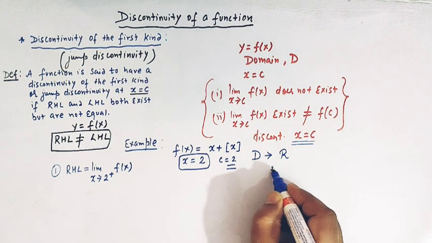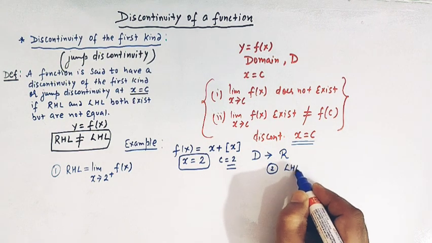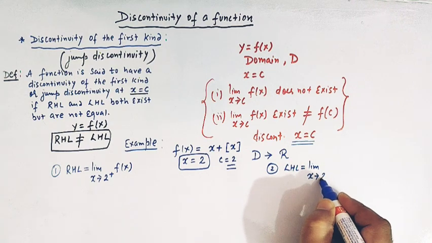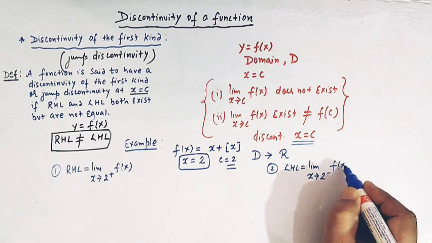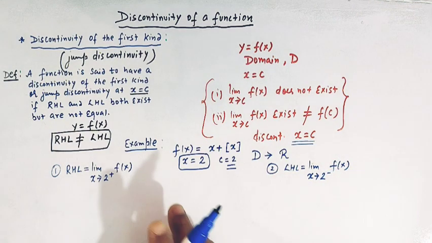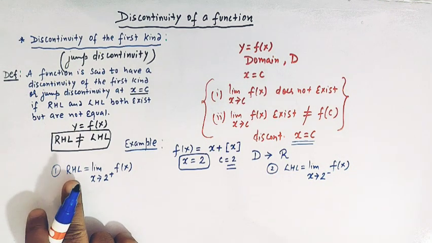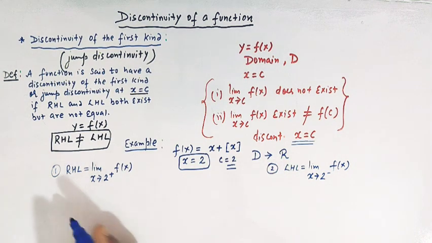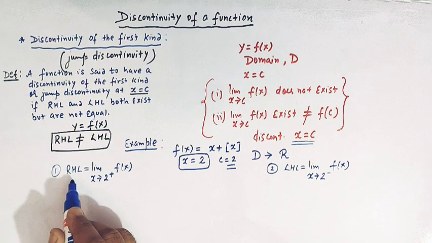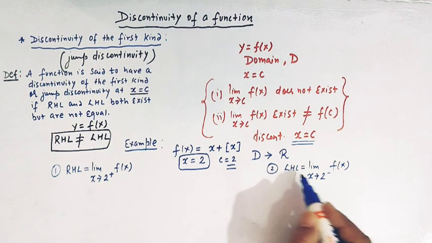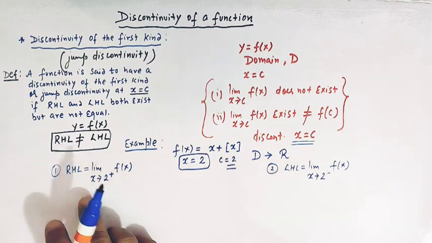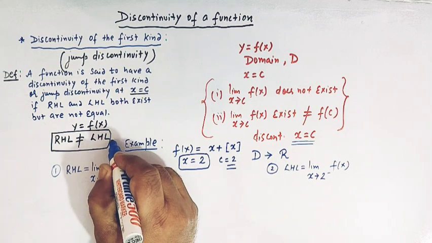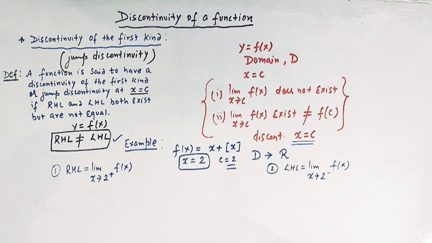The left hand limit has the notation limit x tends to 2 minus, of f of x. We'll first find the right hand limit and then the left hand limit, and we'll see that the right hand limit exists and the left hand limit also exists, but both these limits are not equal as per this condition.